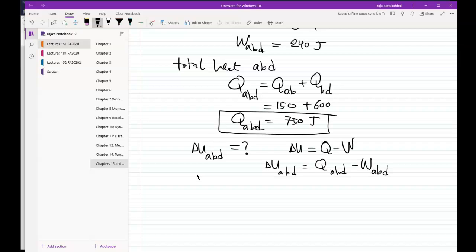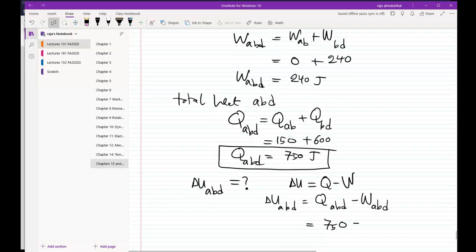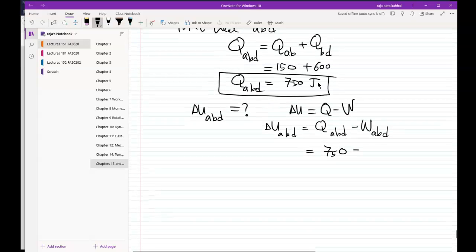Make sense? So I have them both. Q is 750, minus the work ABD, which is right here, 240. And when I calculate the total internal energy, it will be 510 joules.